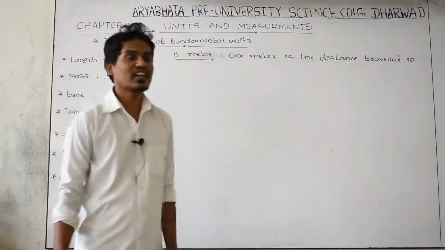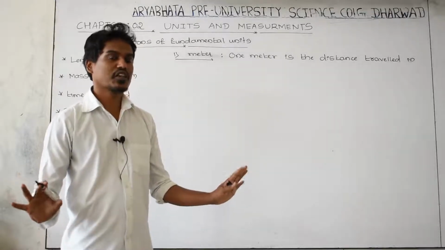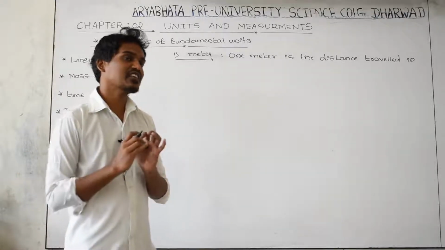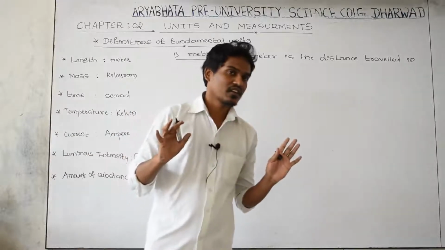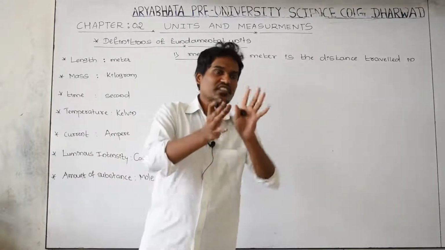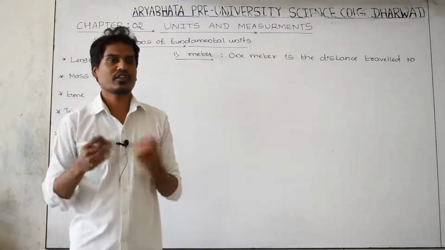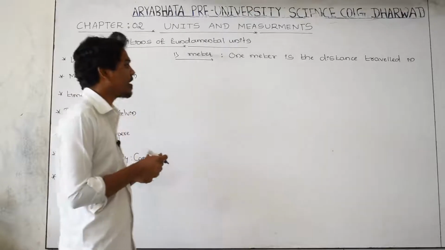Vacuum means it is free from air and all mediums. If there is no presence of any single particle, that space is completely free from gases and all mediums, that we are going to call a vacuum.